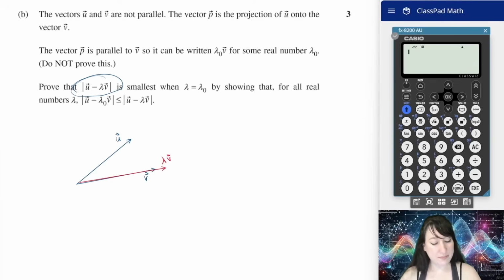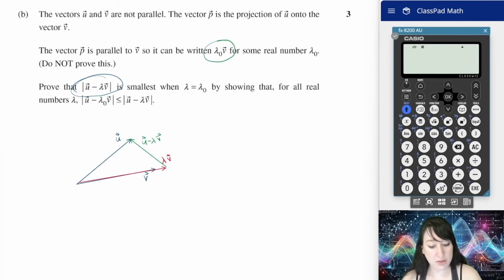Something like that. And u minus lambda v would be something like that. And we're trying to show again that the length of this vector is smallest when lambda is lambda naught, and lambda naught is when we're looking at the projection.